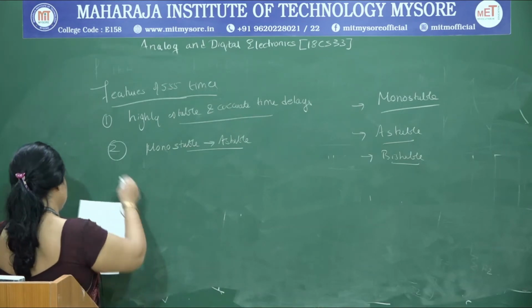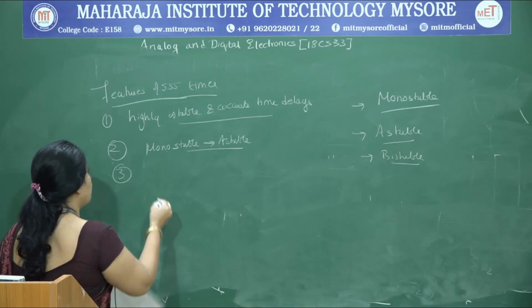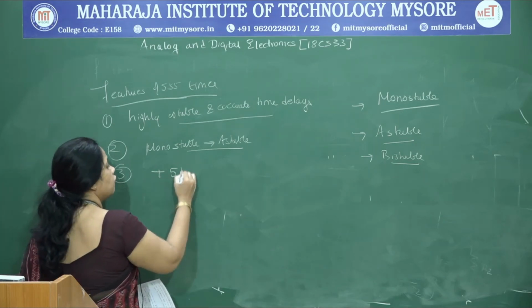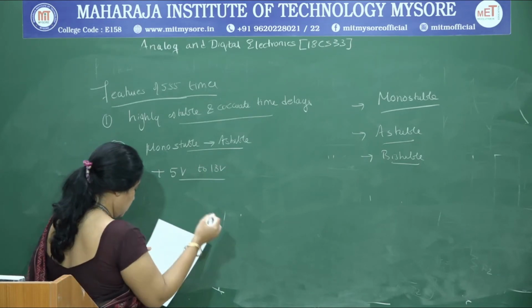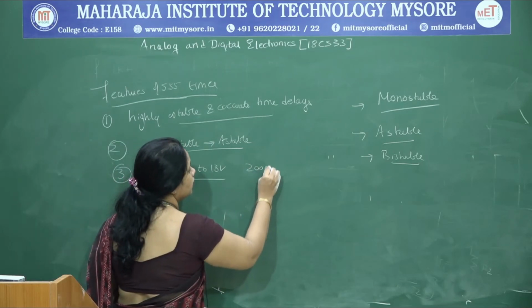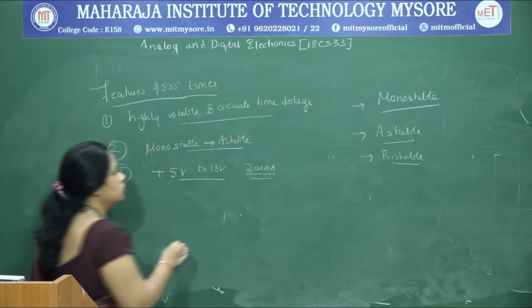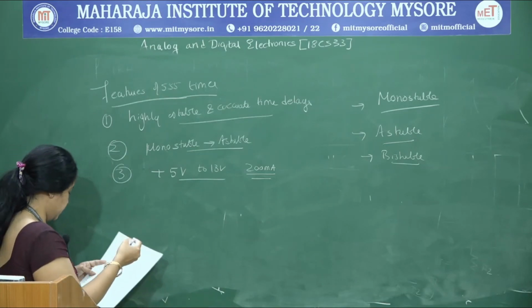And the third one is it can operate in a wide voltage range of plus 5 volts to 18 volts, and it can drive up to 200 milliamps of current. This is the third feature which makes it suitable for various applications.